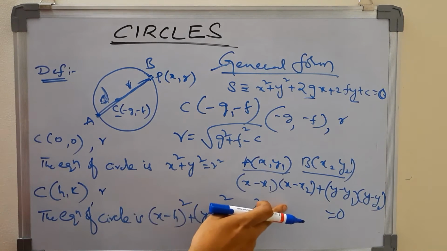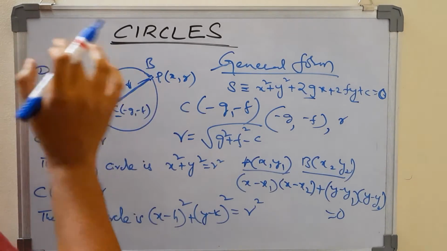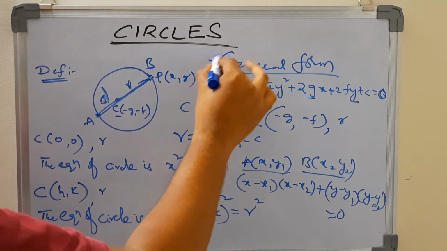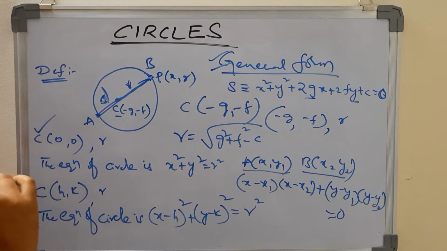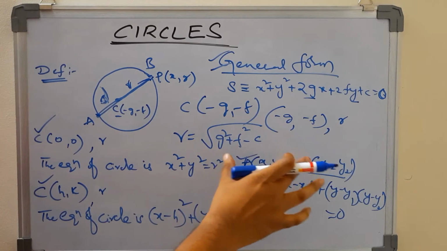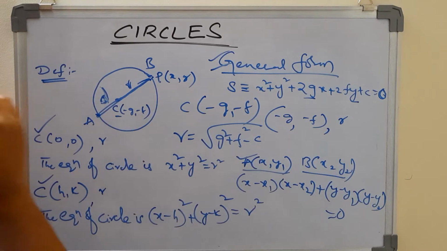This is the equation of the circle whenever we know A and B are the extremities of the diameter. Okay, we know the general form, and when center is at 0 comma 0 and center at h comma k, and also whenever extremities of the diameter are given, the equation of the circle we know.